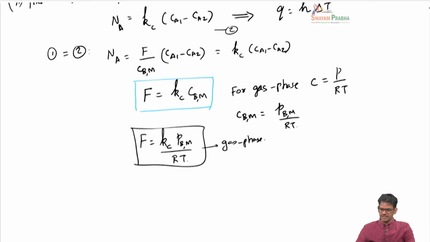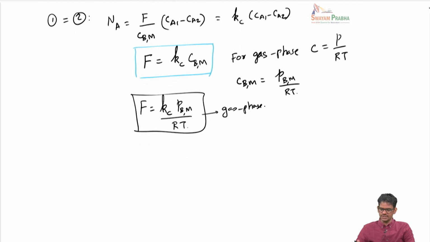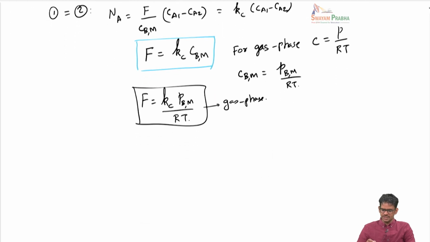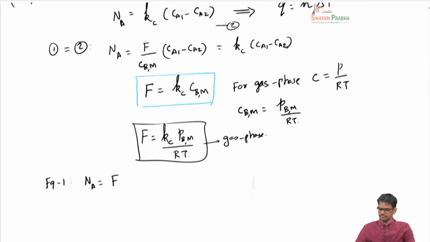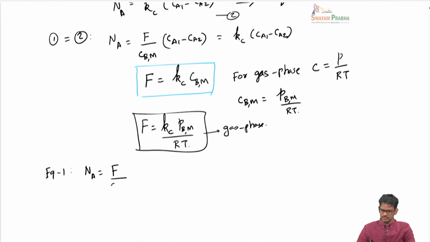Now you can also see the units of coefficients F and Kc from this set of equations. You will see this from equation 1, which is written as Na equal to F times Ca1 minus Ca2.